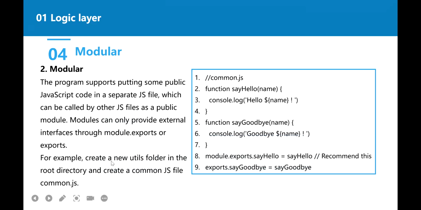For example, create a new utils folder in the root directory and create a common JS file.